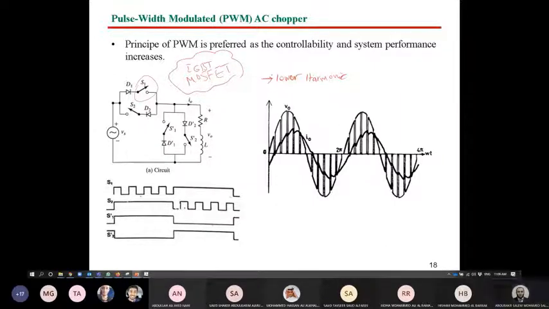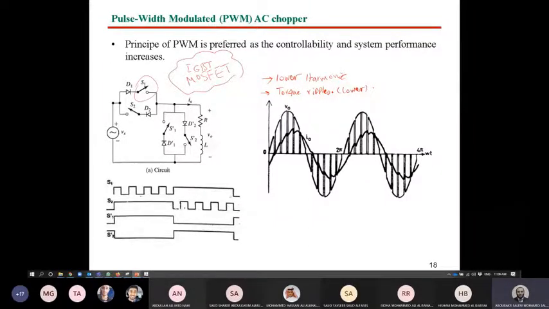At the same time, because you have lower harmonics, the torque ripples of the machine will be small. So torque ripples will be lower. Why? Because we have small harmonic contents compared to the other AC chopper.